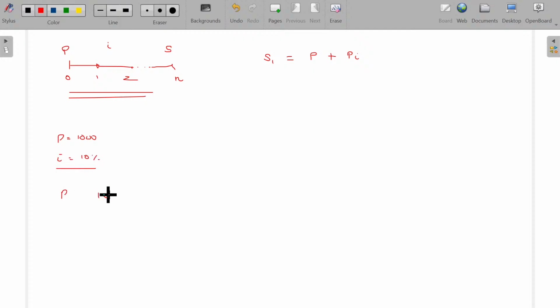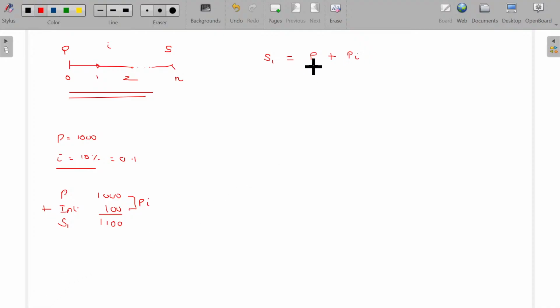Now what happens here? For the next year, you have to add the interest. 10% on this being 100, which is nothing but multiplying the principal value with the rate of interest, 1000 into 0.1. So this P and this 100 is nothing but PI. If I add up these two, then you will get 1100 being some value by the end of first year.